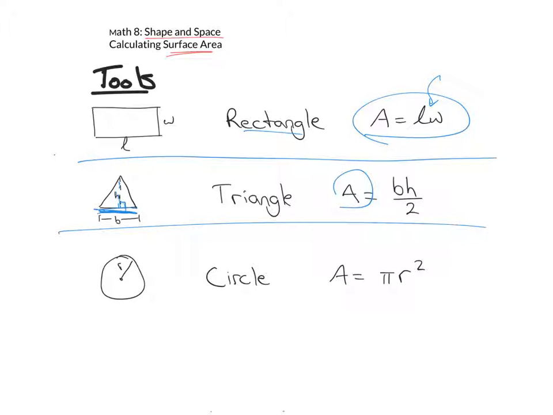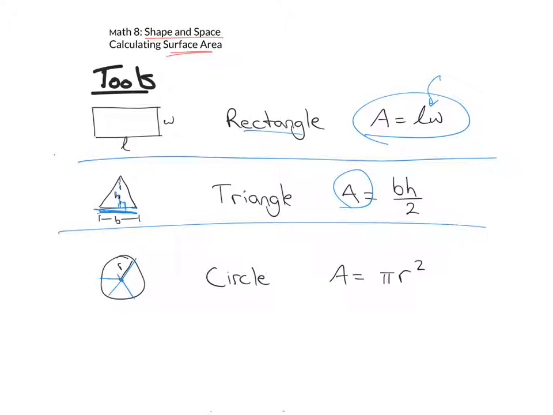The last one, we're not going to use as much this lesson, but in the next lesson you'll definitely use it all the time: the area of a circle. You just need to know one thing, the length of the radius. The radius is from the center to the edge, and if this is a true circle, which my circle definitely isn't, the radius would be the same from the center to any of the edges.